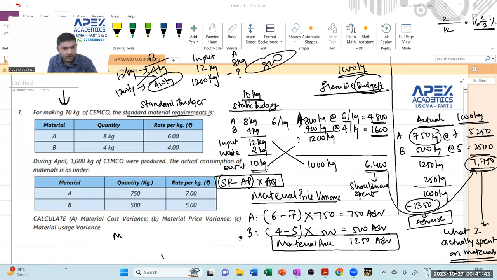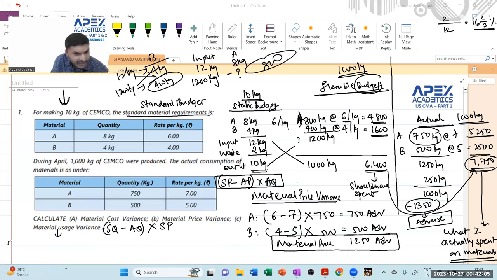Now forward yourself into material usage variance calculation. What is the formula? The formula is कितना consume करना चाहिए था minus actually कितना consume किया, and we are not penalizing you for price, we are penalizing you for consumption. So I will take standard price.